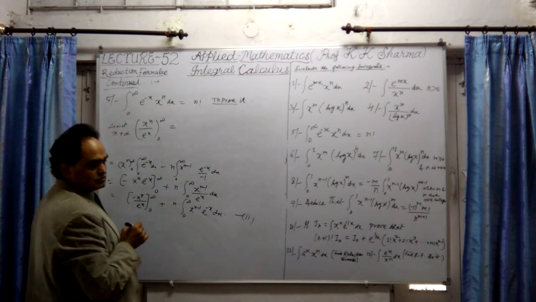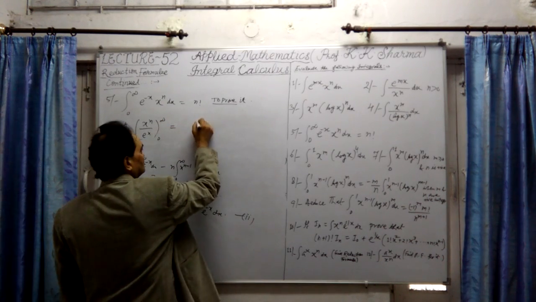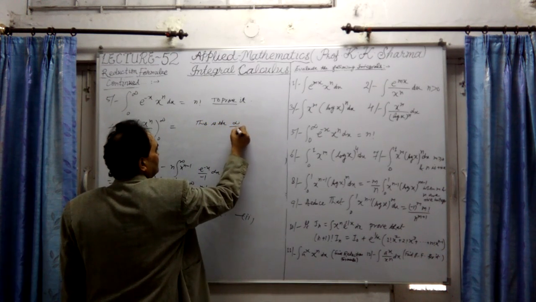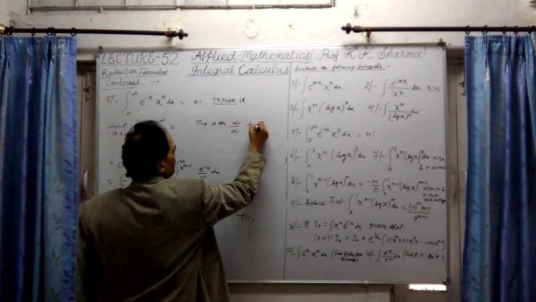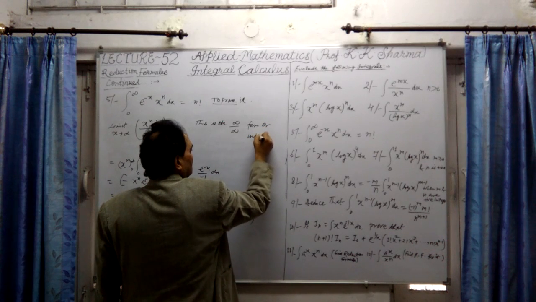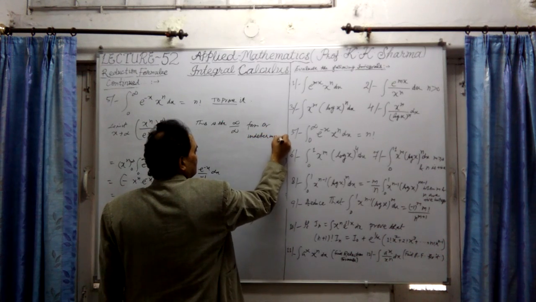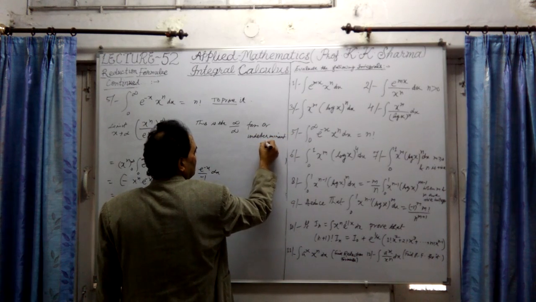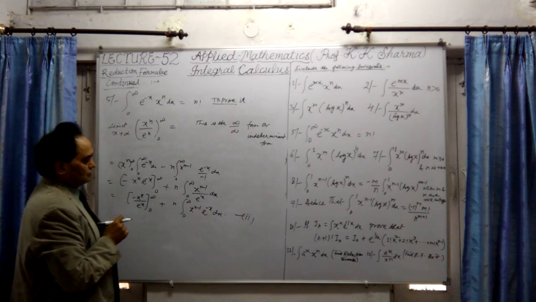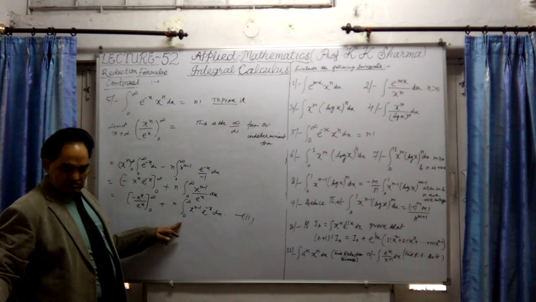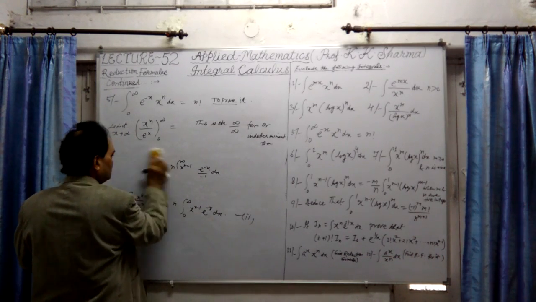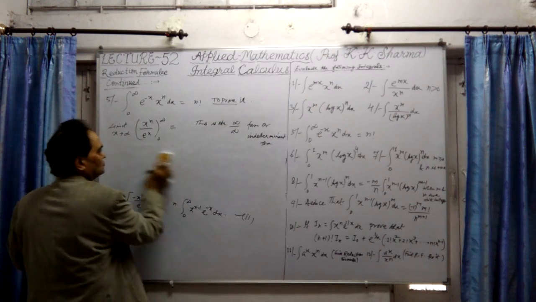This is of the infinity upon infinity form, an indeterminate form. We have to make it determinate. So leave and remove this last equation. What is the value of this?